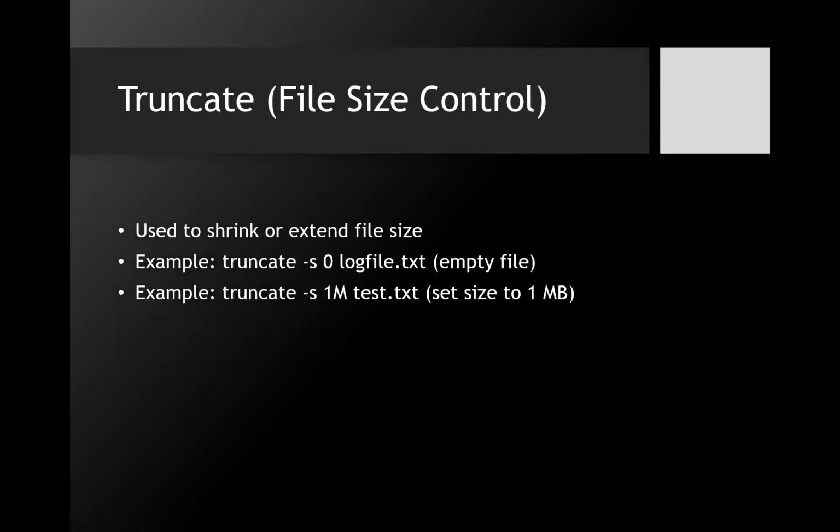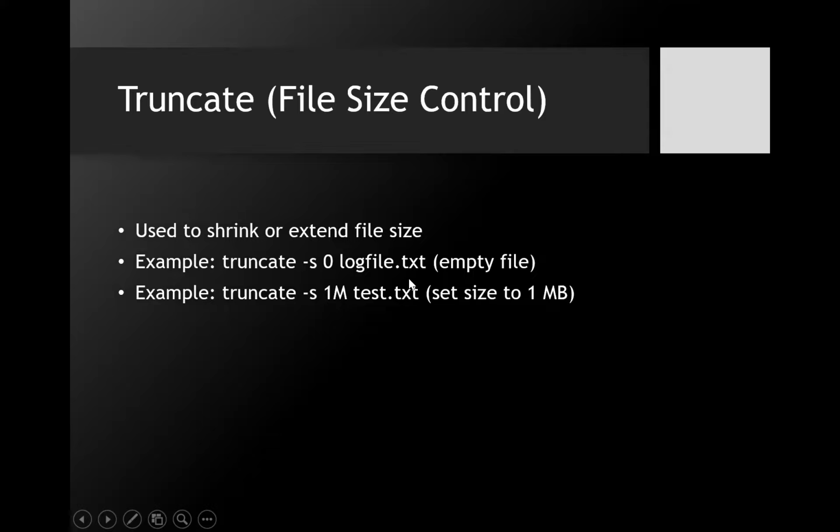Truncate. The truncate command we use to reduce the file size. Suppose I want to set a file size to 0 KB, then we can use this command: truncate -s 0 file name.